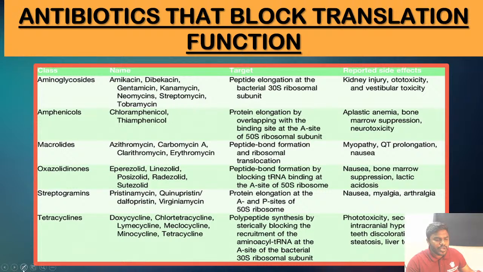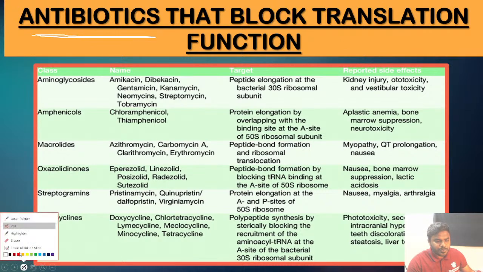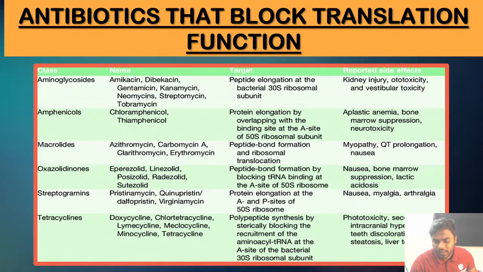Before going to the post-translational modifications, it is very important, friends: we have to read compulsorily the antibiotics that block the process of translation. Whatever antibiotics I kept in this particular slide are not at all sufficient. So check after 11 or 11:30 a.m. in the morning today. I will upload one important PDF. The team will upload a PDF.